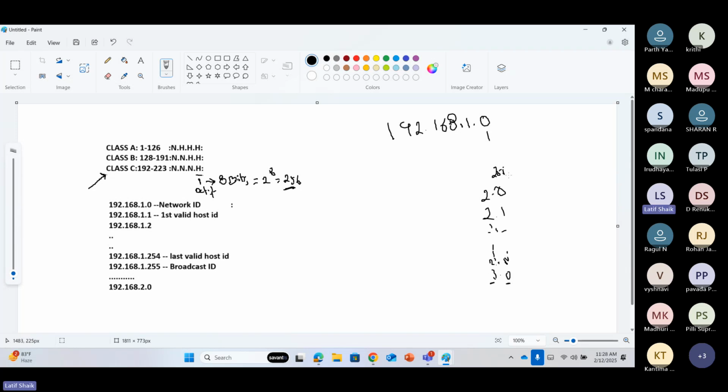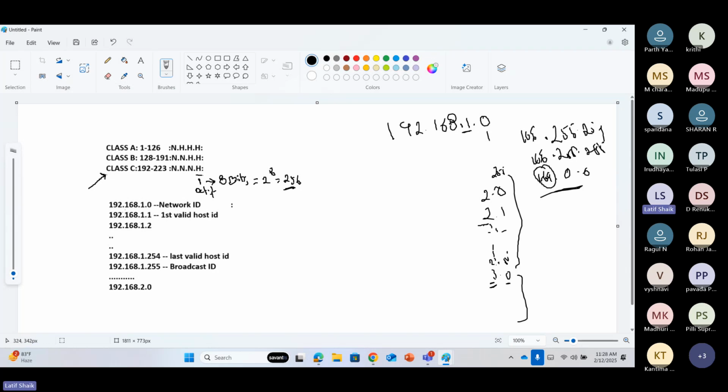So different networks. Once this one and it is 2 here, then 3 here, then 255. The last one is 255.254 and 255.255. And this is 168. Then it becomes 169.0.0. Then on it will change.